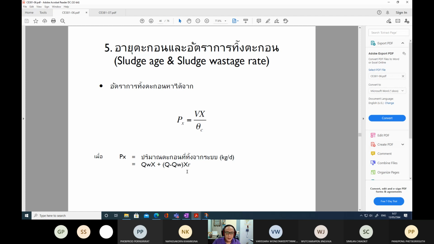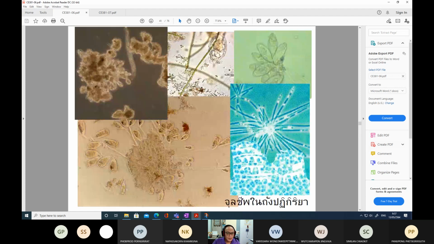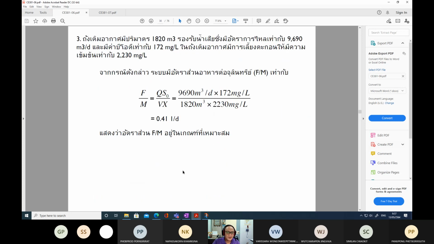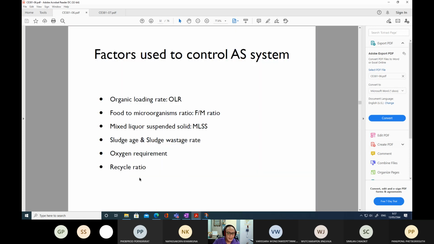Okay, so we were also talking about the several parameters involved in the design and control of the activated sludge process. We have to provide sufficient food to the bacteria, and this should be maintained in terms of the F/M ratio at approximately 0.3 per day.